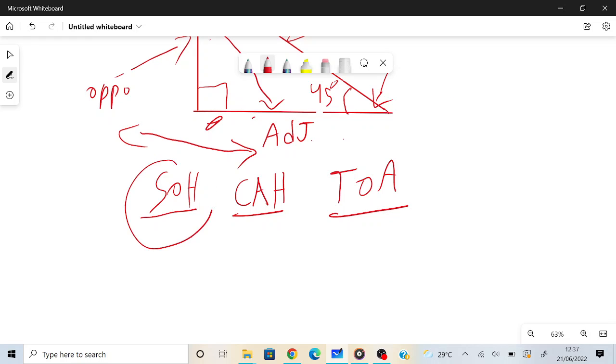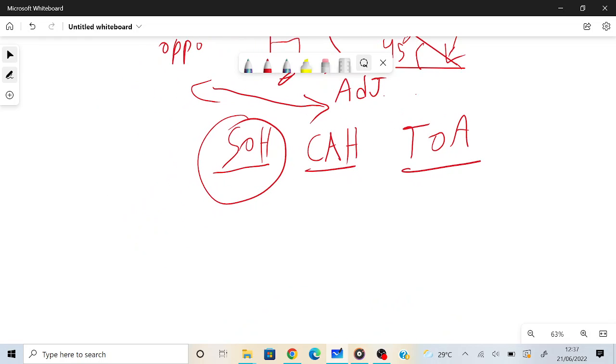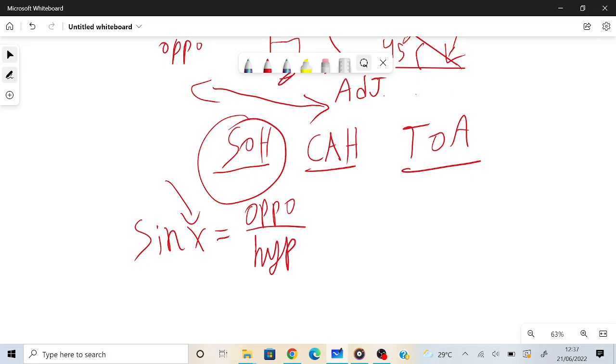Let's look at SOH first. If I'm using SOH, I'm basically just saying sin x is equal to opposite over hypotenuse, where x is the angle that they have given to you in degrees.